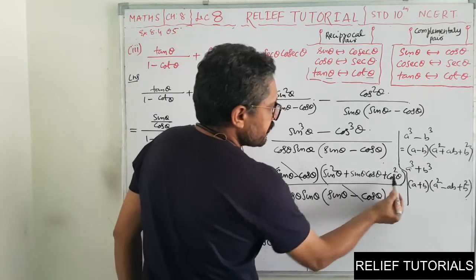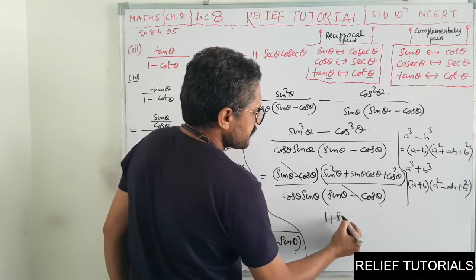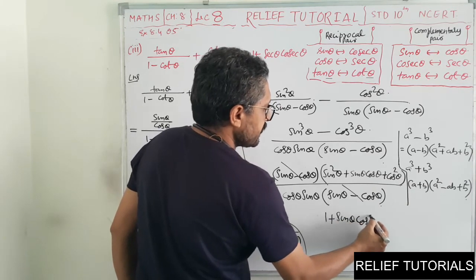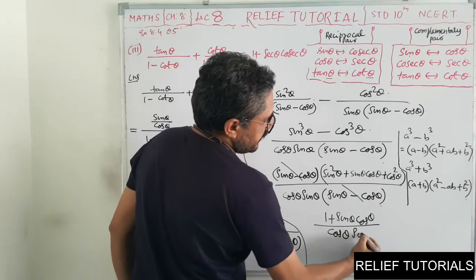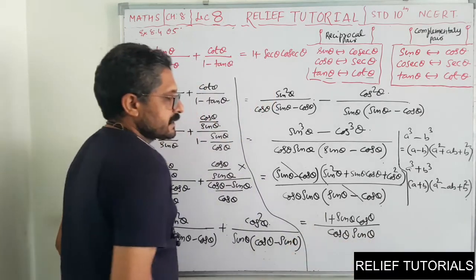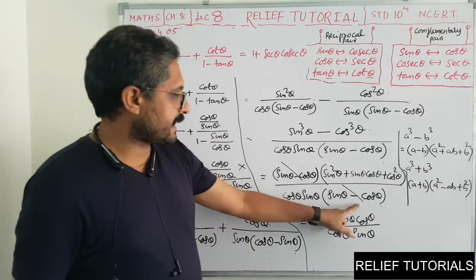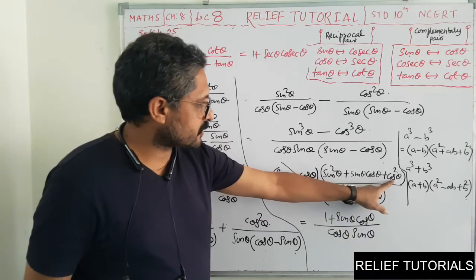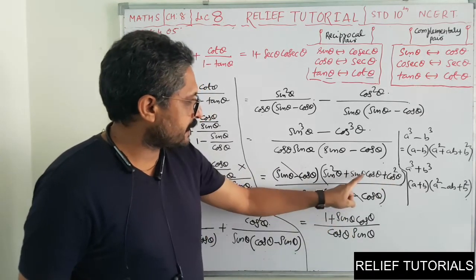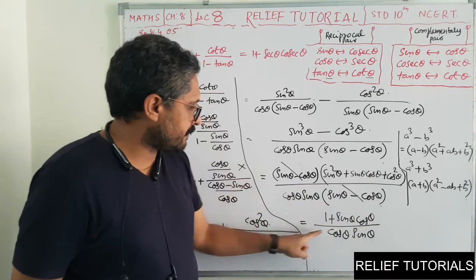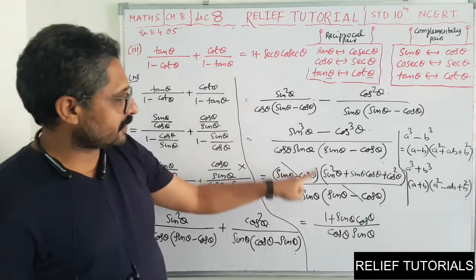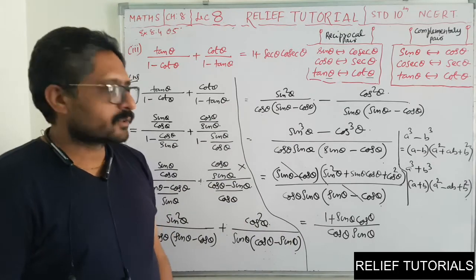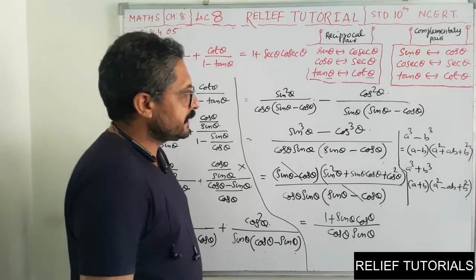So I have written 1 plus sin theta cos theta divided by cos theta sin theta. But this is not our RHS. So now, what can we do here?